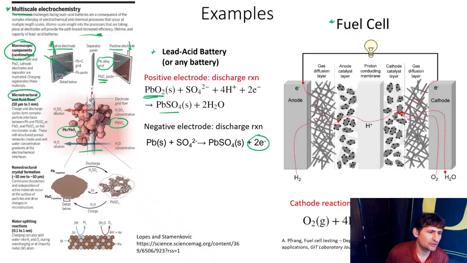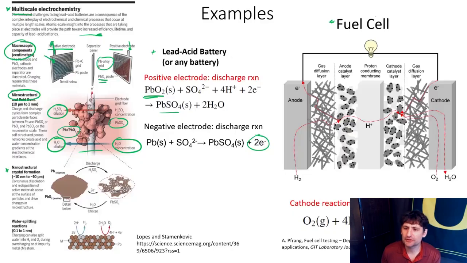It includes the microscale components, which are the metal oxide and metal deposits that are actually electrochemically active. And it further includes structure at the nano and atomic scale that describes how this battery works. We need to understand how the flow of reactants, for example sulfate and water, and the movement of charge and electrolyte species occur in such a battery.